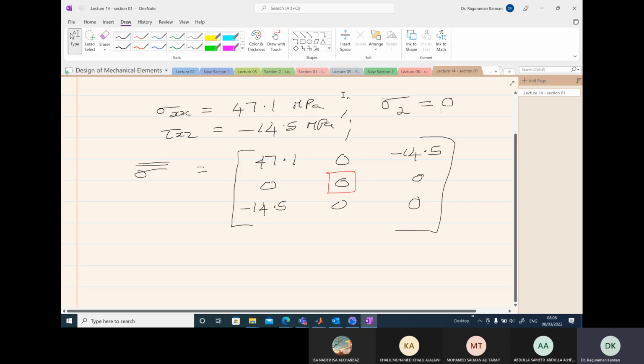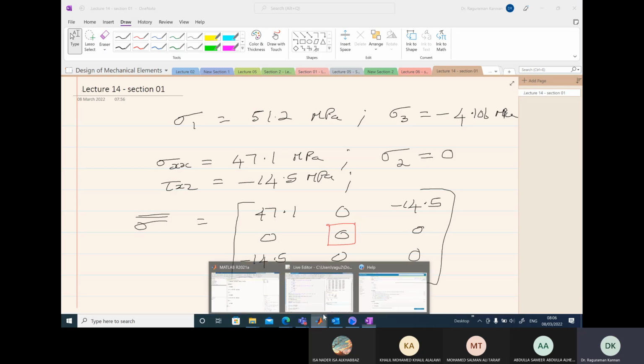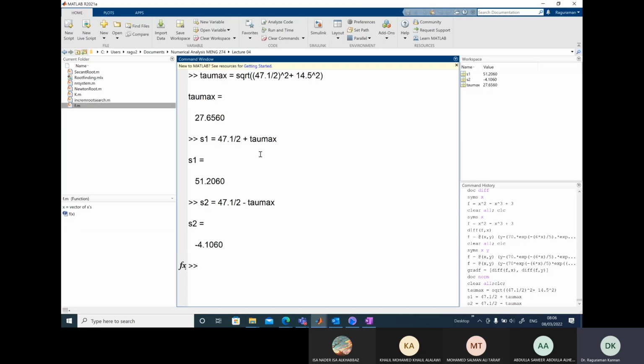So in exams, when I ask you what is the absolute maximum shear stress, we need to be careful here. Okay, because here sigma 1 is positive, sigma 3 is negative. So the absolute maximum shear stress will be sigma 1 minus sigma 3 over 2, which you will find is equal to the tau max value, which we have calculated here.